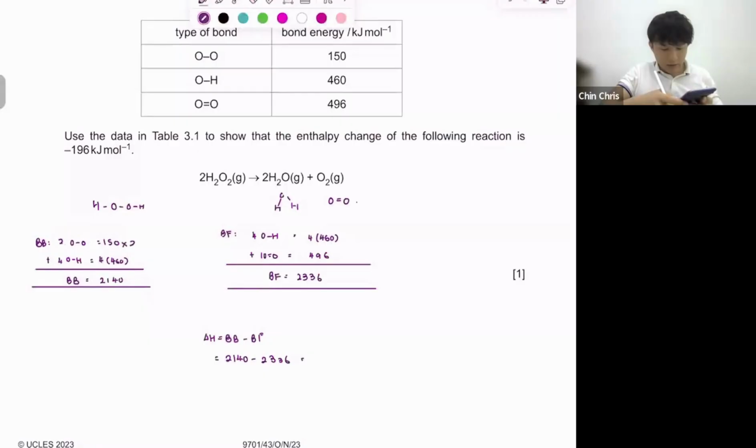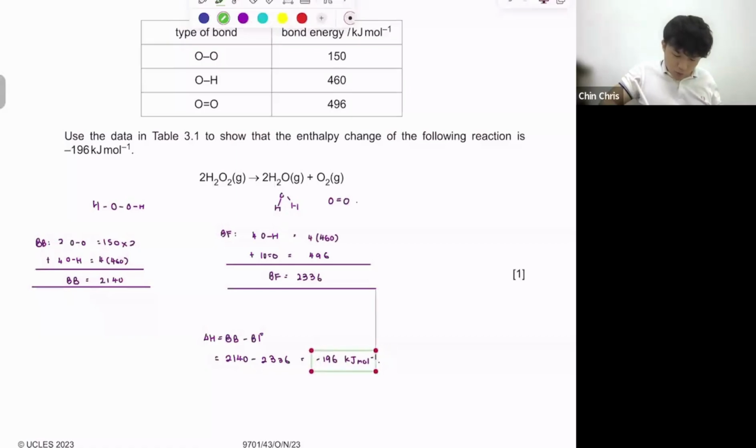Answer? Negative 196 kilojoule per mole. Yay. In AS, this is gonna score you maybe 1 mark only, because it's very easy.